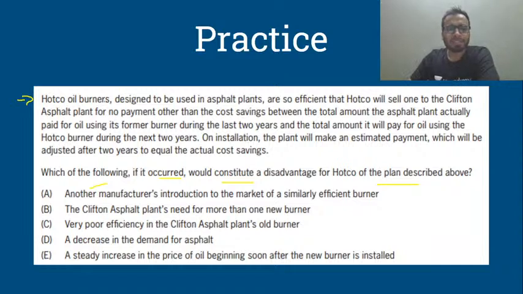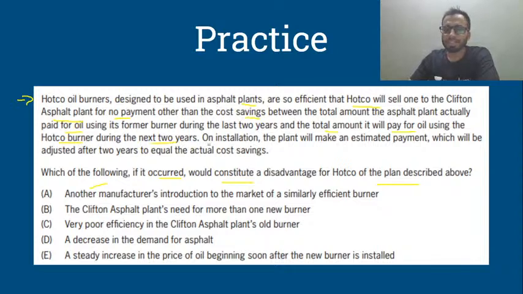HOTCO oil burners designed to be used in asphalt plants are so efficient that Hotco will sell one to the Clifton asphalt plant for no payment other than the cost savings between the total amount the asphalt plant actually paid for oil using its former burner during the last 2 years and the total amount it will pay for oil using the Hotco burner during the next 2 years.